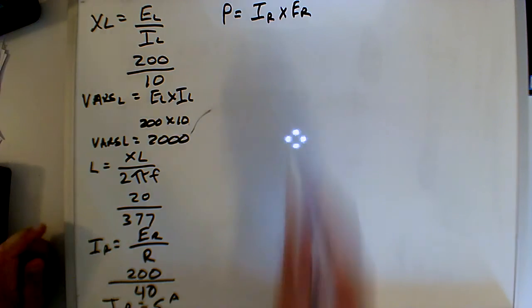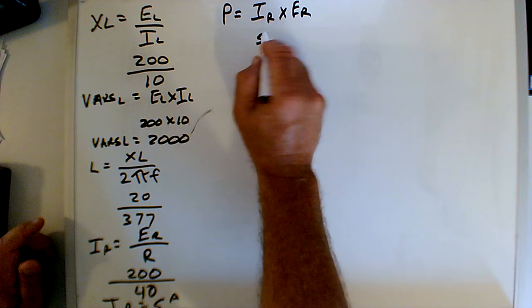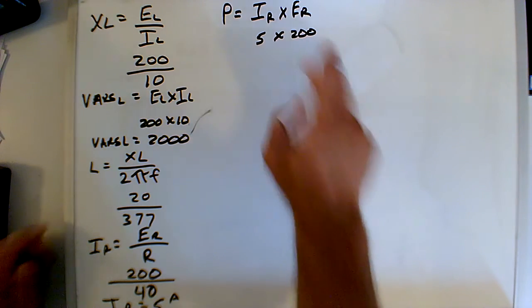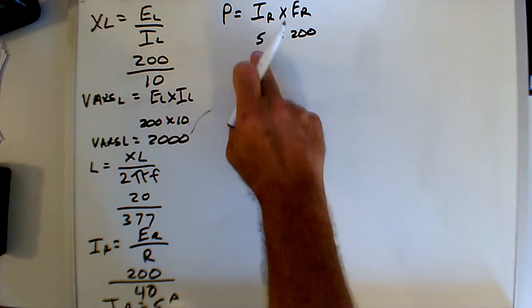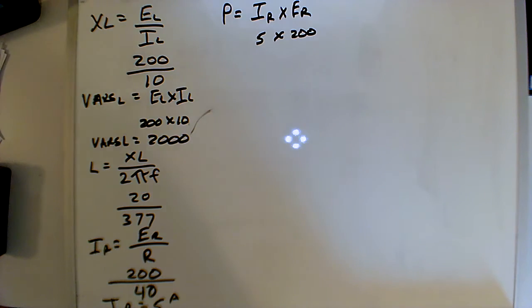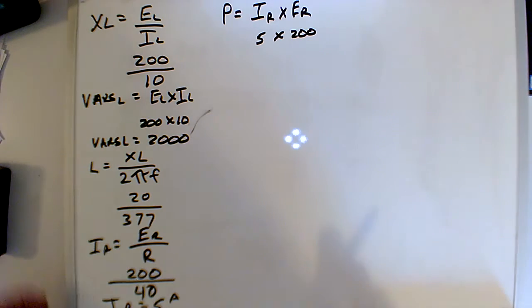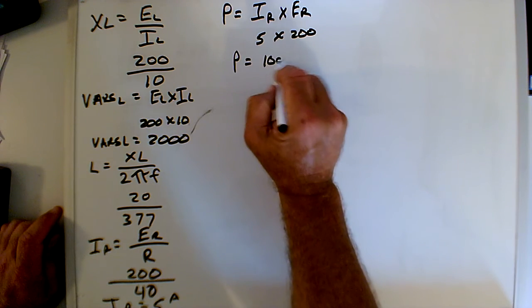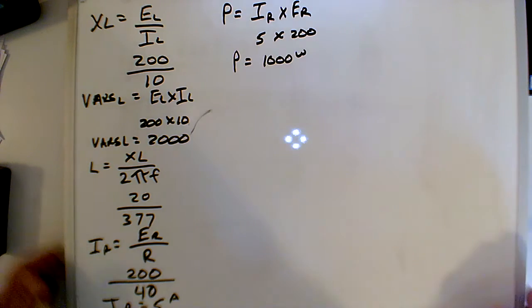There you go. And so the IR is 5 and the ER is 200. We knew there was 200 volts across the resistor, and we just calculated the 5 amps. So 5 times 200, the P in this case is equal to 1,000 watts.